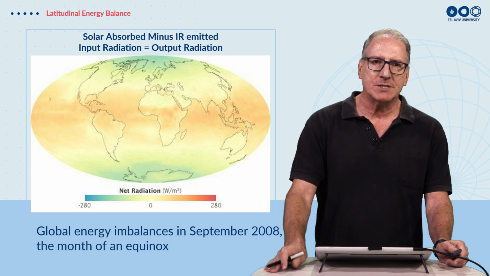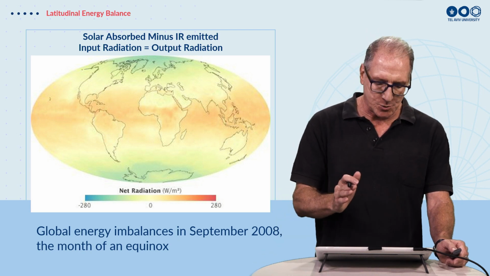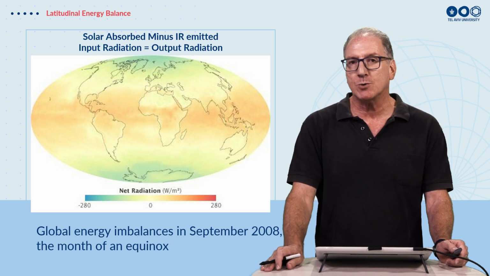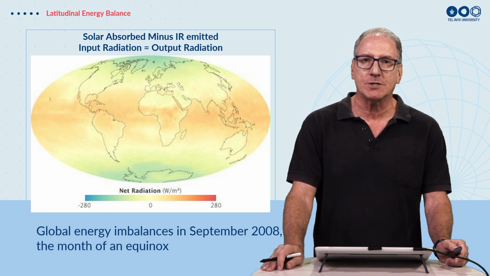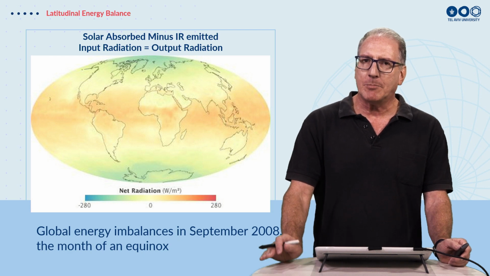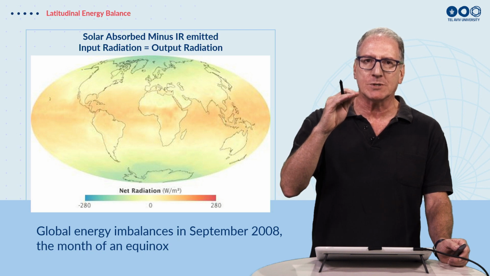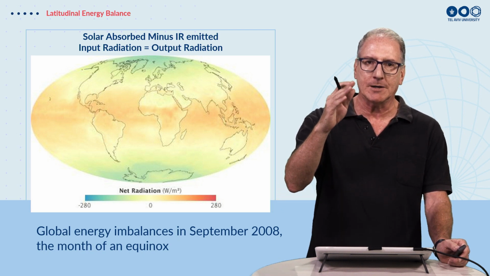On this map, we can see that we have values which are below zero in the yellows and the greens, and values which are above zero, which are in the oranges and the reds. Only at the place where we have actual zero, it means we have a balance between what's coming in and what's going out.